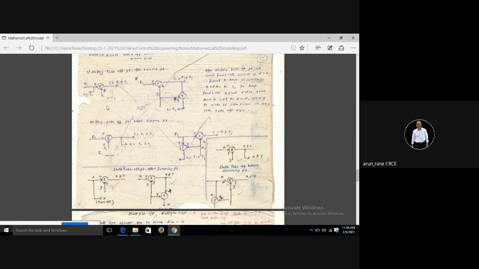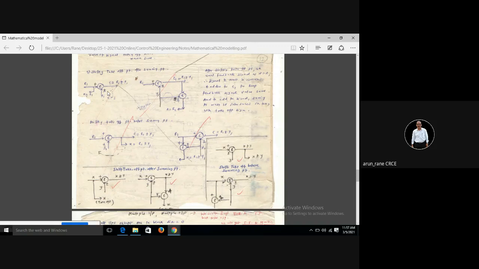Now why plus or minus? Because in order to consider both the possibilities, y1 can be positive as well as y1 can be negative also. So in order to consider both the possibilities. So can R1 also be positive or negative? Yeah, R1 also can be positive and negative. That is also possible.